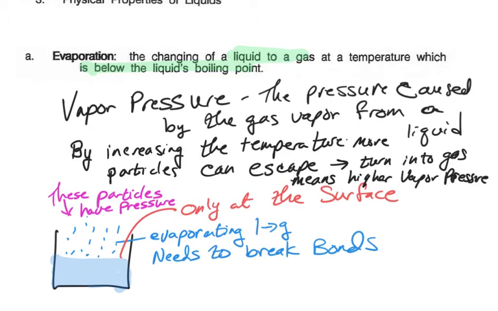Okay, because there's a higher vapor pressure, because I've increased the number of particles that are turning into a gas. Does that make sense? So by increasing the temperature, more of it turns into a gas. If there's more gas present, that means our pressure is going to go up. Our vapor pressure is increasing.